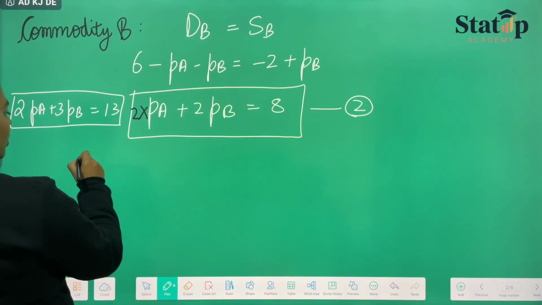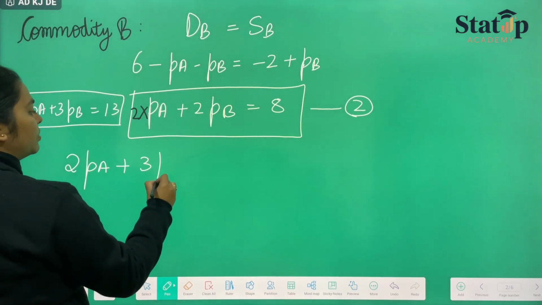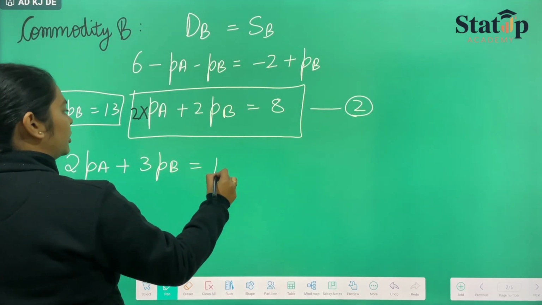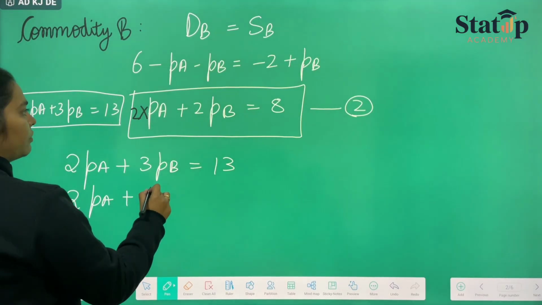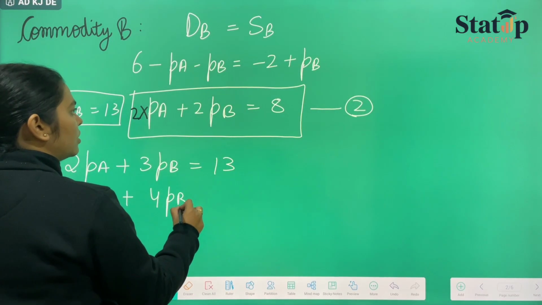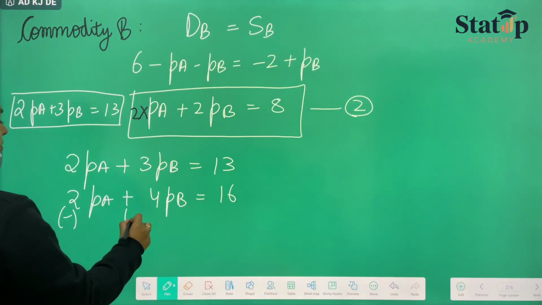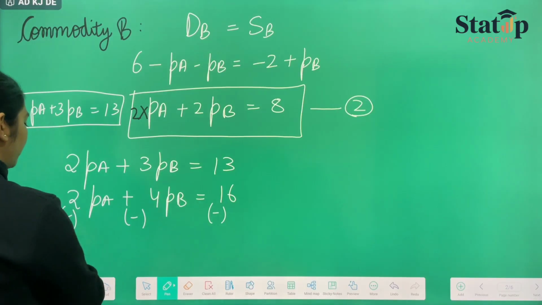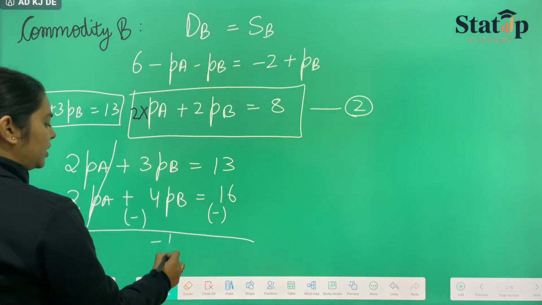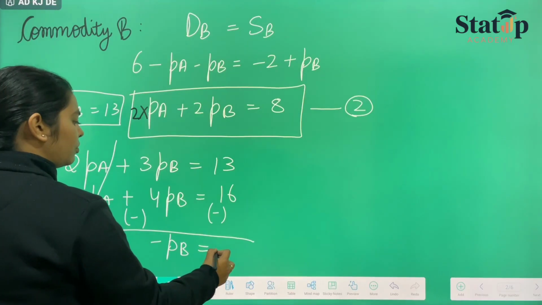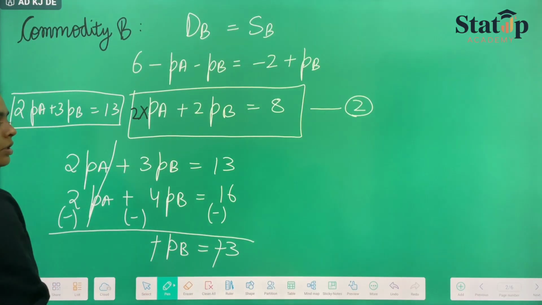So I am solving it. 2PA plus 3PB equals 13, and 2PA plus 4PB equals 16. If we subtract them, these two will get cancelled, minus PB equals minus 3, which is nothing but PB equals 3 only.